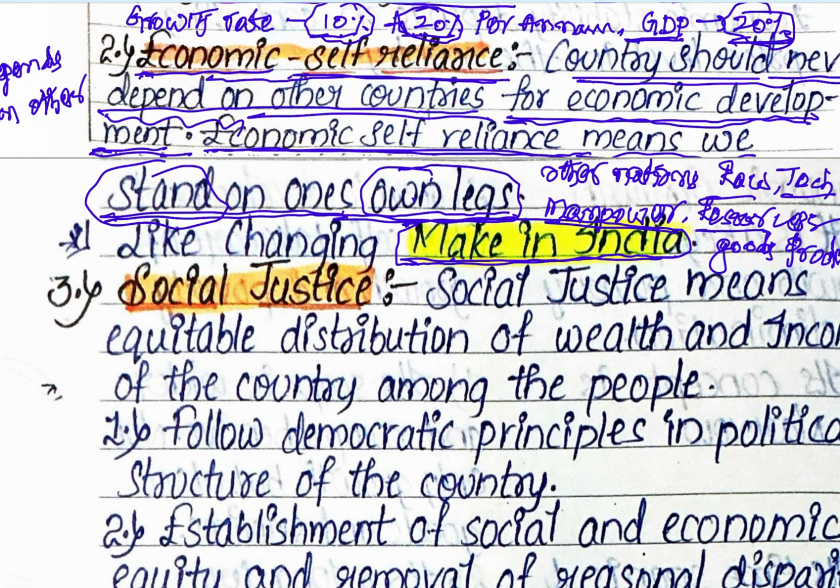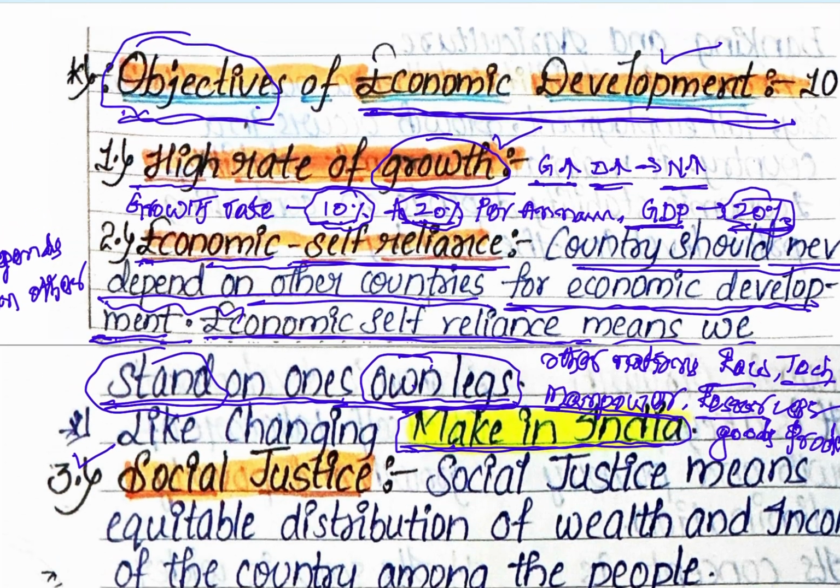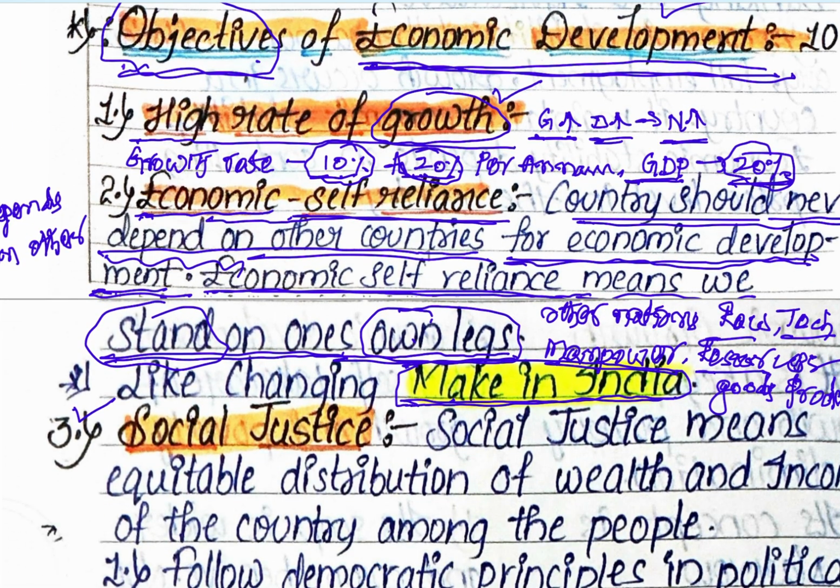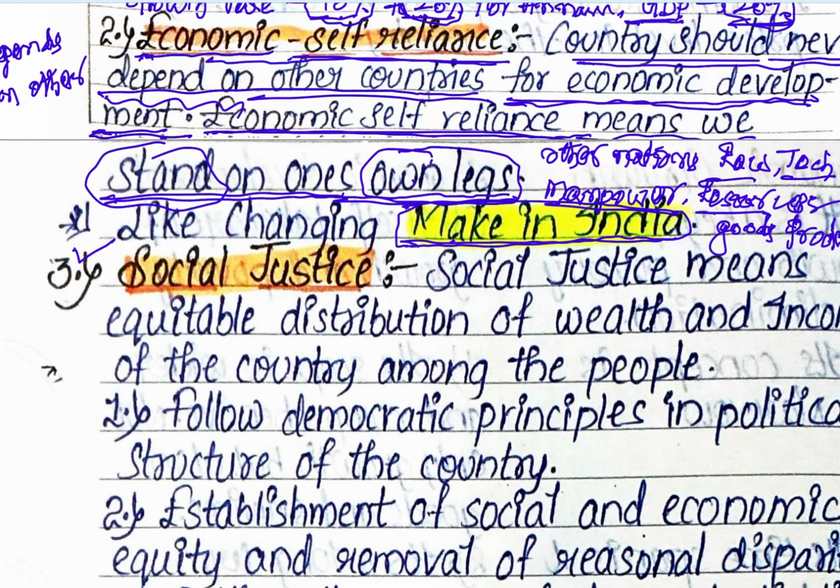The first objective of economic development is a high rate of growth. The second is economic self-reliance, which is also very important. And the third objective is social justice.